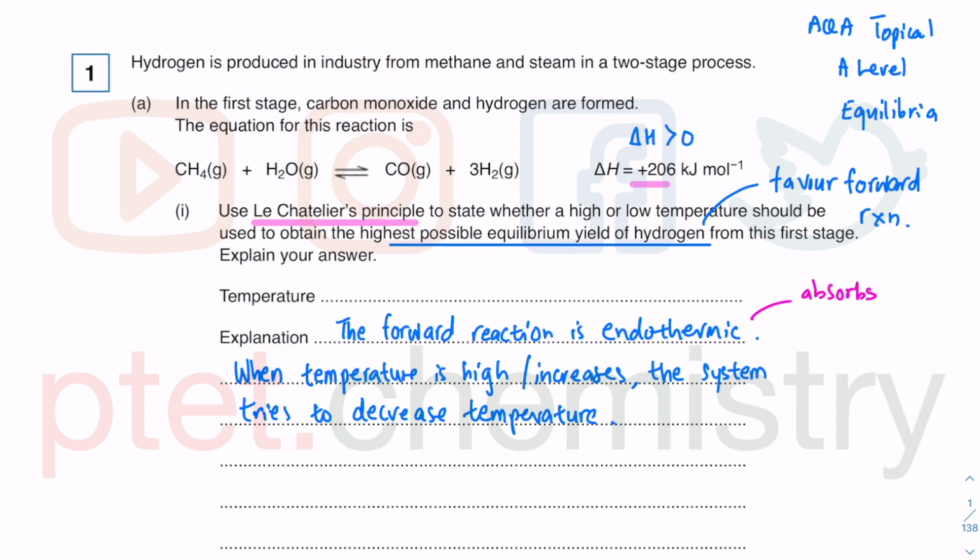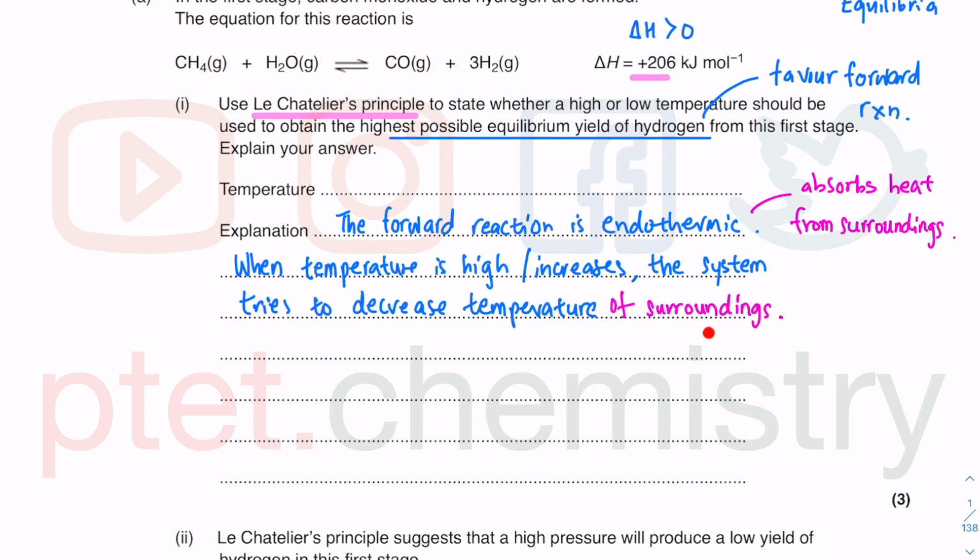Endothermic means you absorb the heat from your surroundings. So if you take in heat from your surroundings, you help to decrease the temperature of the surroundings. I must make that very clear. We increase the temperature on the outside, and the system, which is the inside, tries to make the outside cooler, to do the opposite to the change.